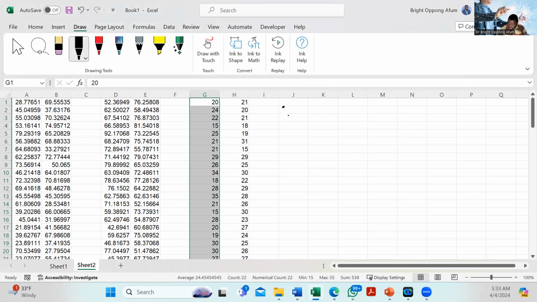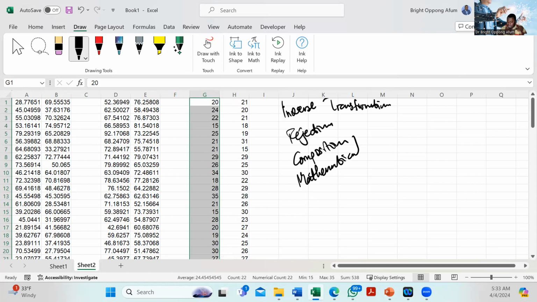So we have the inverse transformation method, the rejection method, the composition method, the mathematical derivative method, and finally the approximation method.